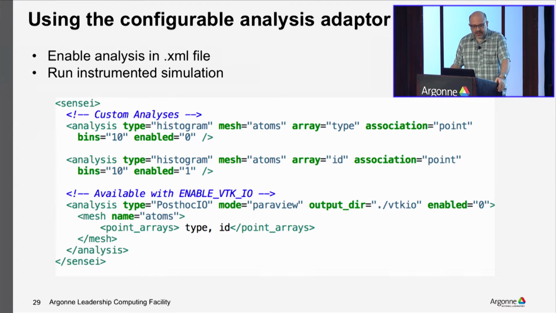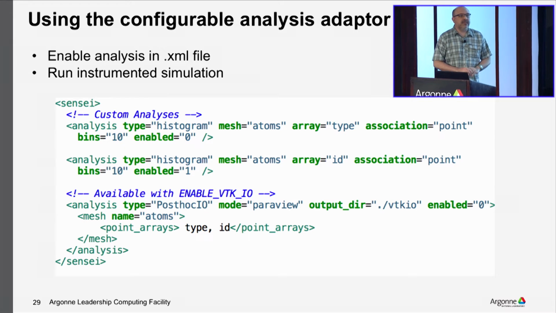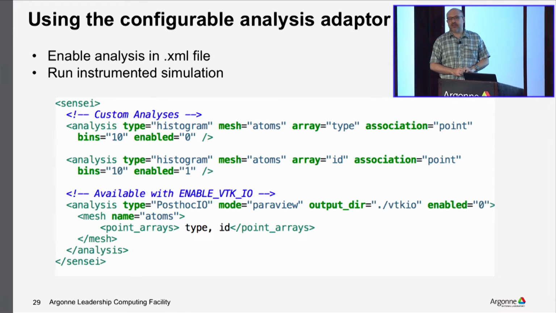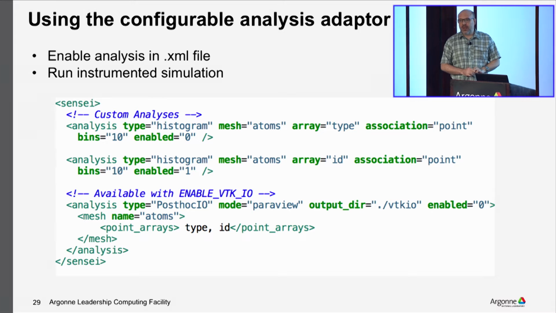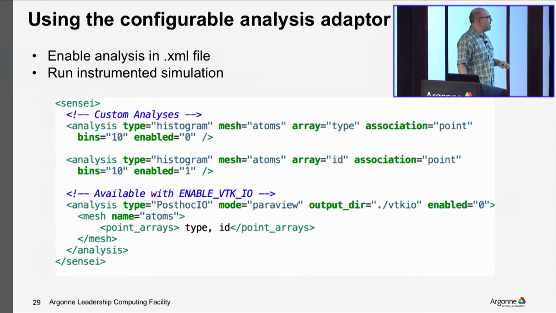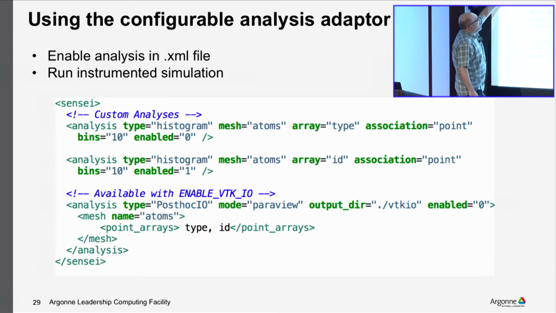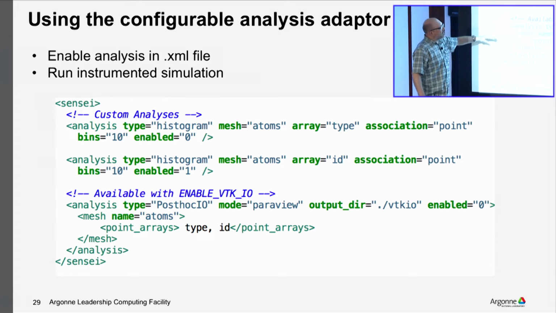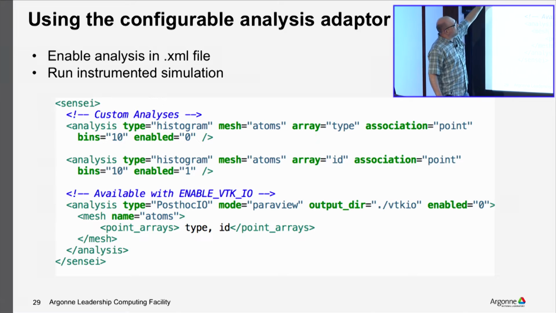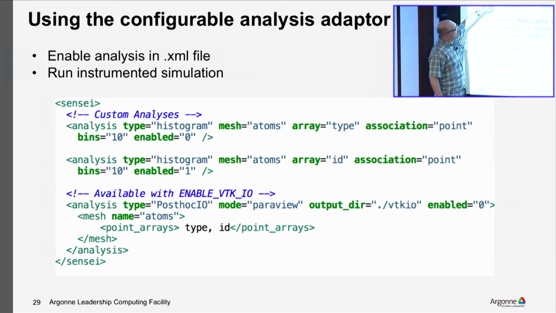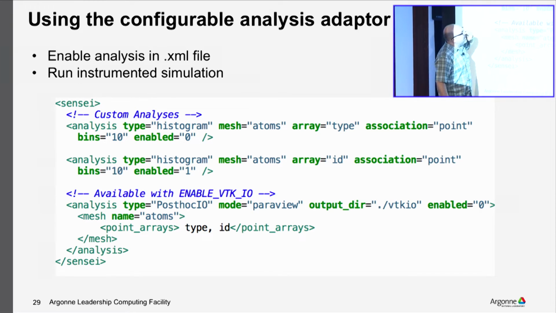So this is a brief example of what the XML configuration file looks like to select one of the possible backends for the configurable analysis adapter, right? So three different entries here for different analysis, histogram in the first, and also histogram in the second.